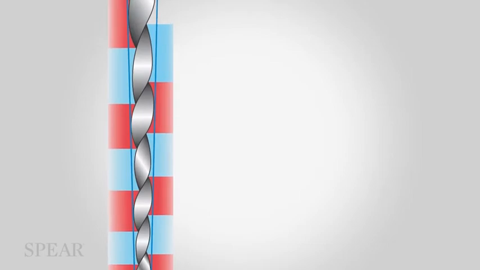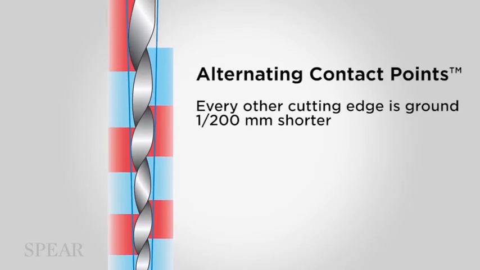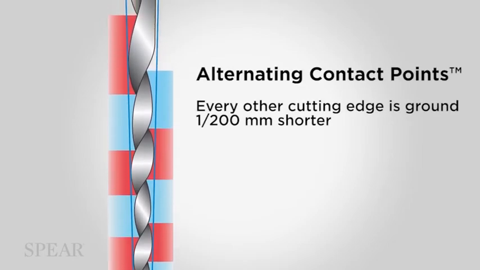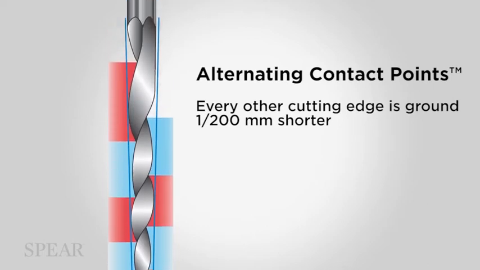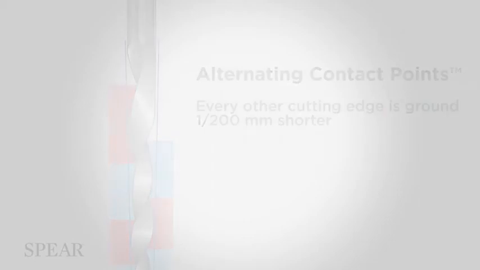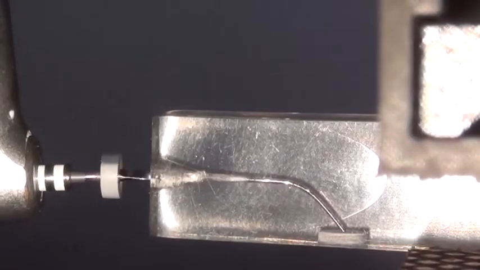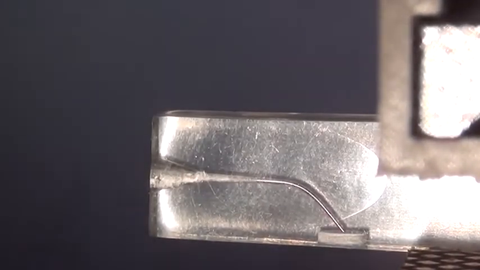Now, the alternating contact points: the file is basically ground in such a way that every other cutting edge is ground a 200th of a millimeter smaller than what it would be if it were a constant taper. But because it's a rotary file, when you rotate it 360 degrees, you end up getting that constant taper.